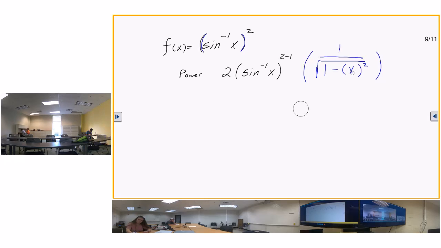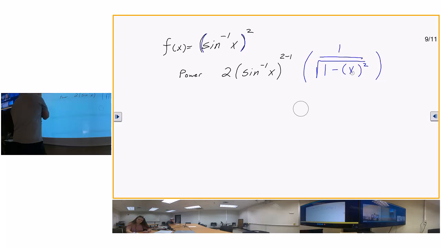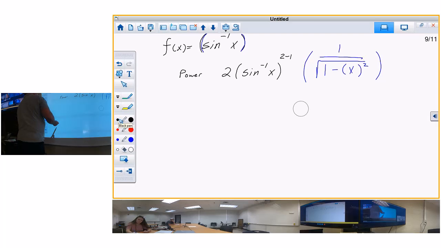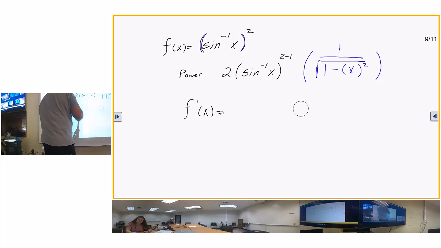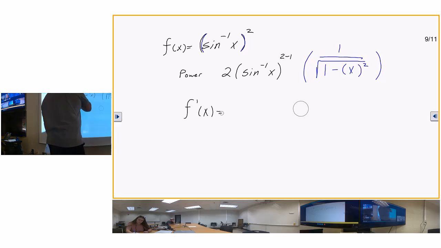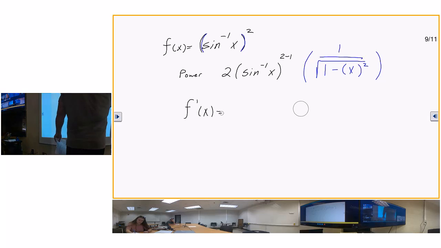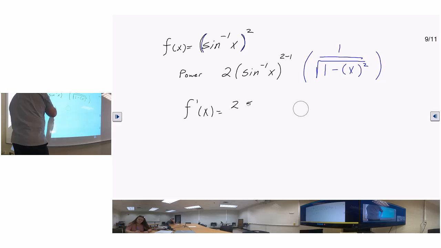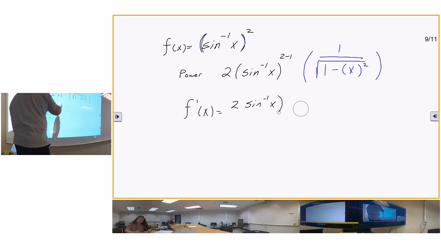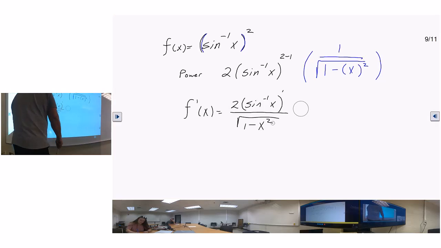Yep, and that 2 will go up to the top. So your final answer will be f prime of x is equal to, well, that 2 will go right here, and that whole thing right here can go up to the top. So that's going to be 2 sine inverse of x to the first power over the square root of 1 minus x squared.